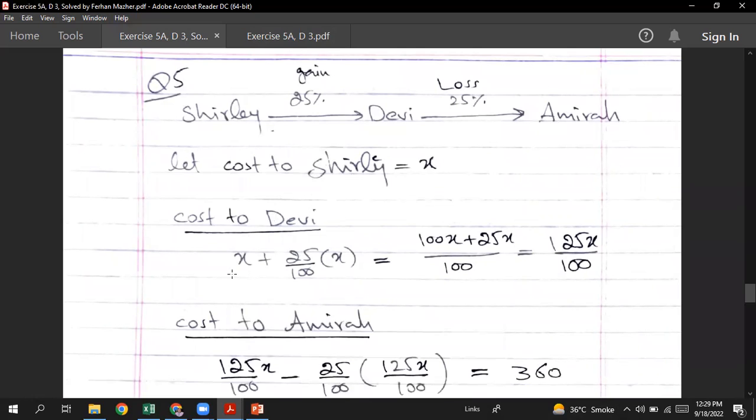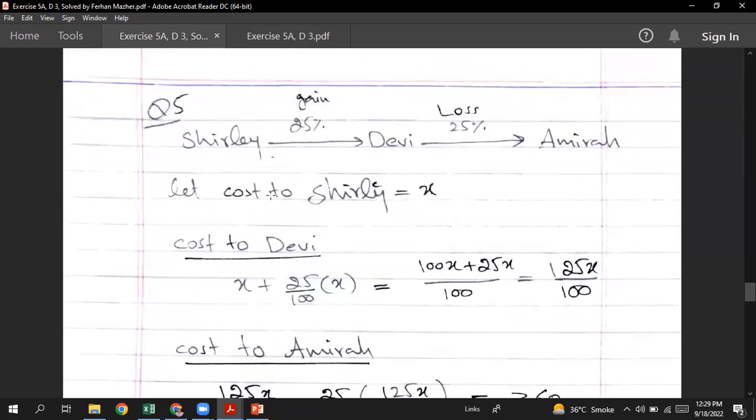Now, when she sold it to Devi, the cost to Devi will be X plus 25% of X, and that will be 125X divided by 100. So now this is the cost to Devi.